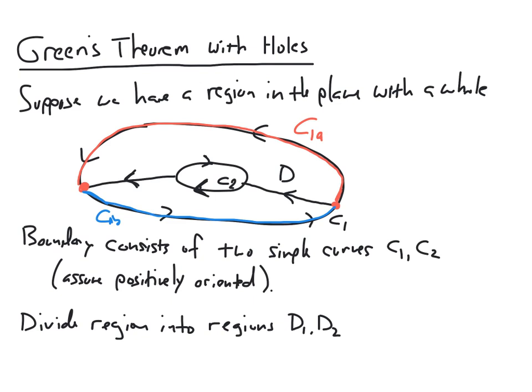All right, we're going to do the same thing with C2. C2 is broken up into two curves by the intersection points of those segments that I added. I'm going to call the upper half of that C2A, and the bottom half of that will be C2B.